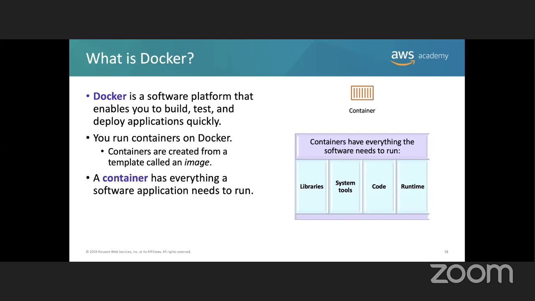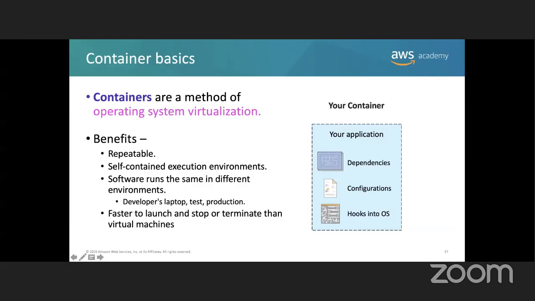So it contains the libraries, the system tools, the code, the runtime, everything you need. And right now, containers are super, super popular in the development world. And the good thing about containers is that they are repeatable and self-contained.